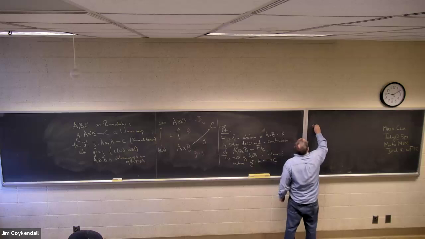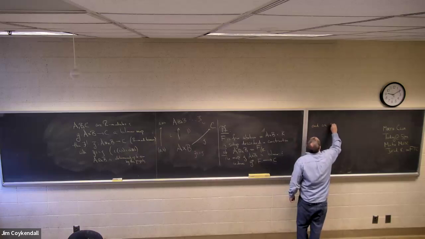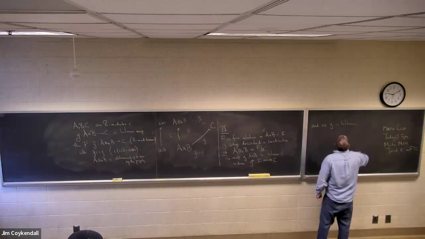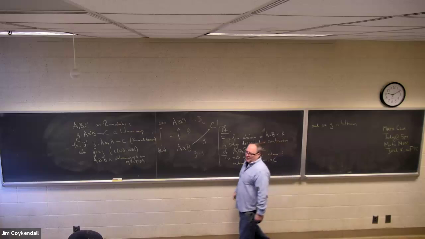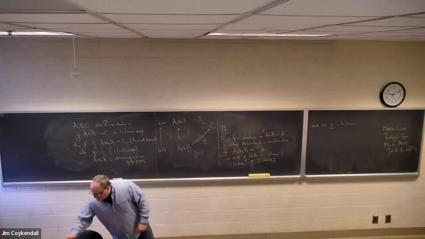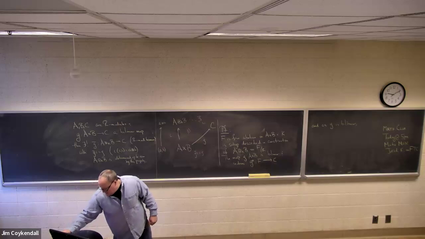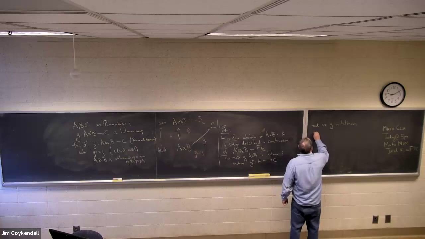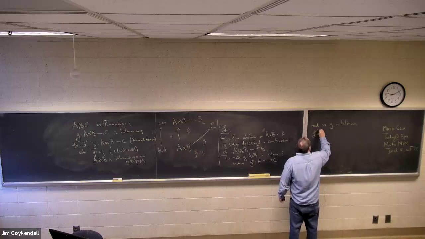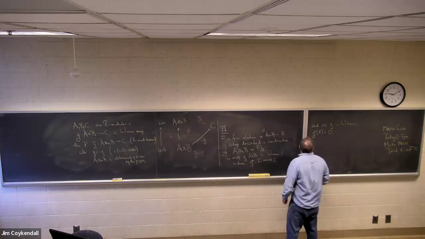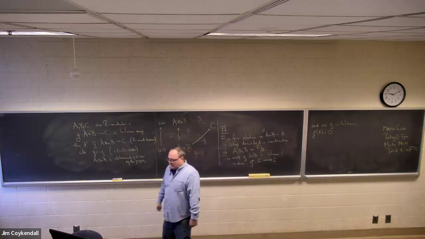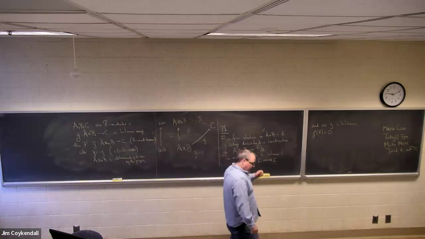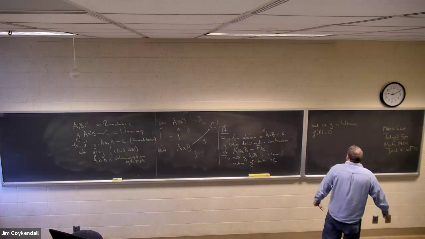And as g is bilinear, g star must take every element of K to zero, right? Let me be a little bit more specific. g star takes every element of K to zero. Why is this?